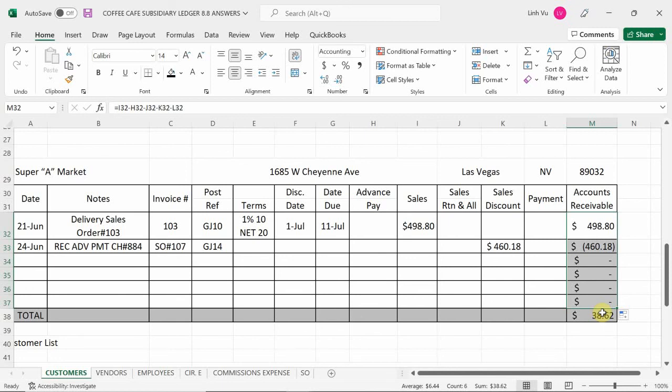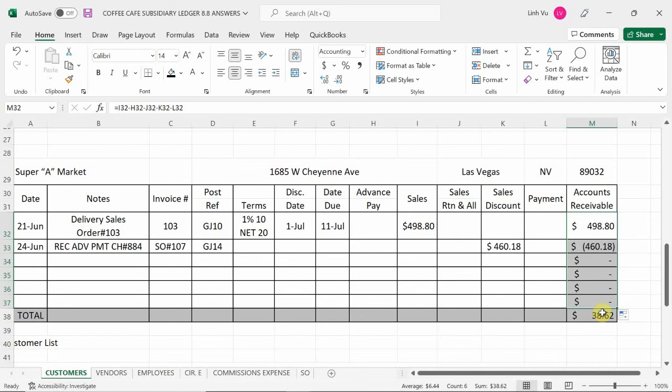We would add it to the accounts receivable. What are we adding? The 416.18. Where is accounts receivable? Payment? We already put in the payment. Should there be a payment under the payment column?